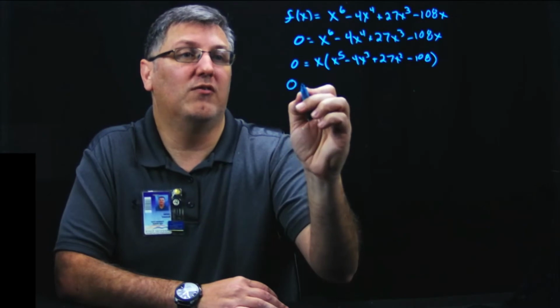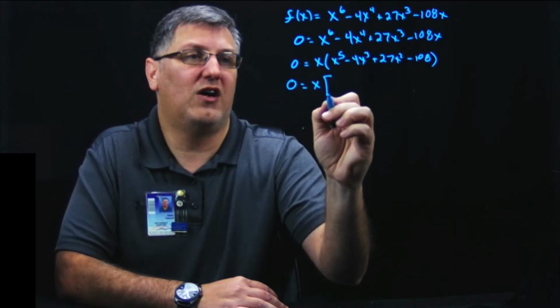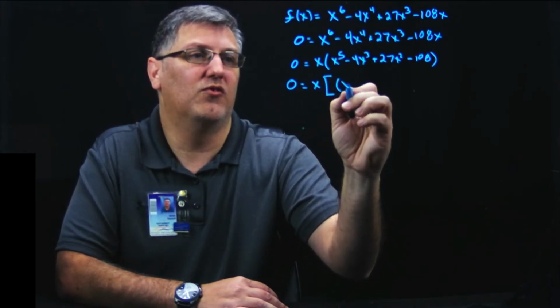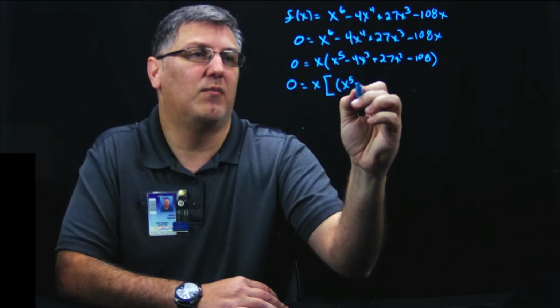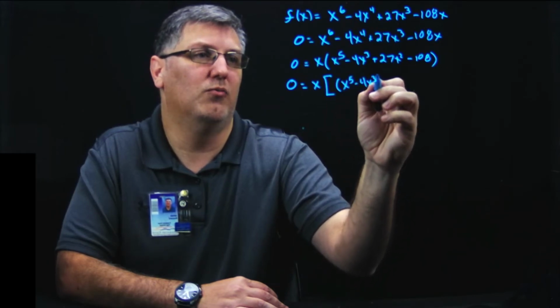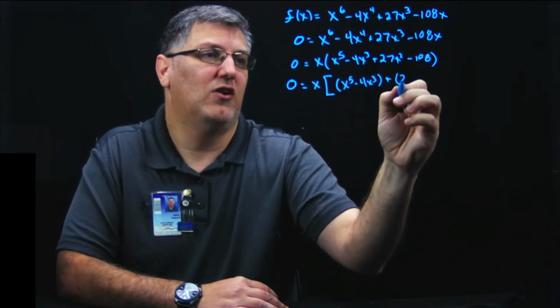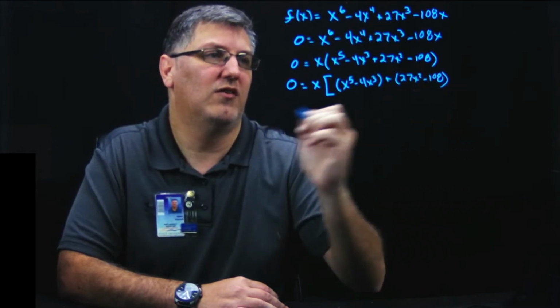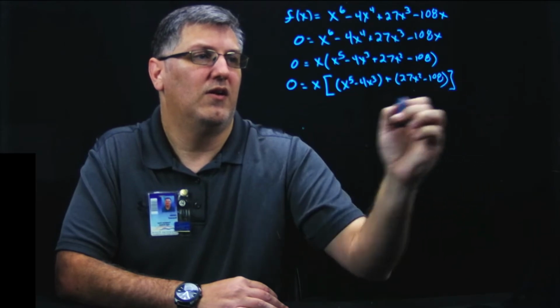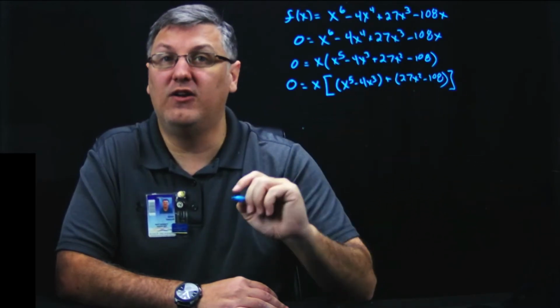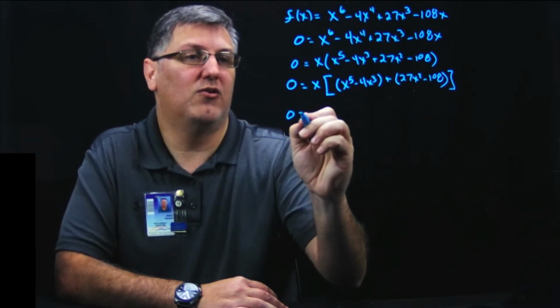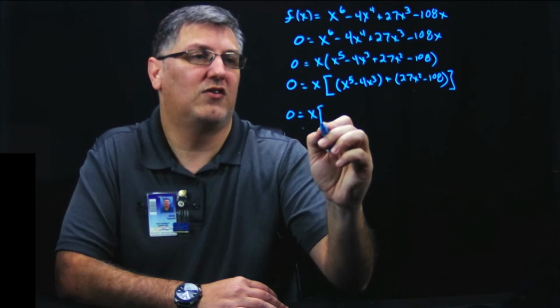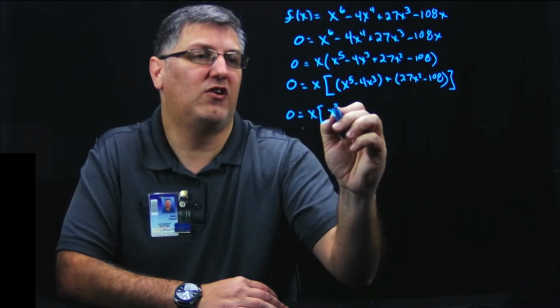So we're going to have 0 equals, I have my x, times, and I'm going to group my first 2 terms, x to the 5th minus 4x cubed plus 27x squared minus 108. And now I want to factor the GCF out of each group. So now I have 0 equals x times, well, I have an x cubed.